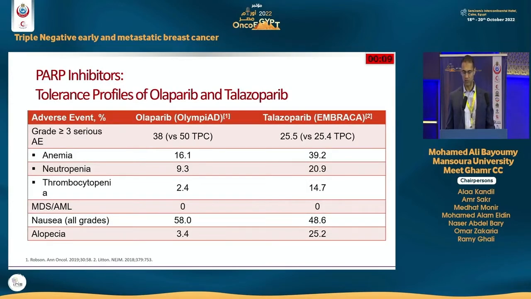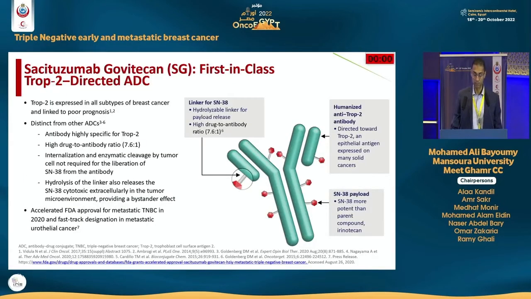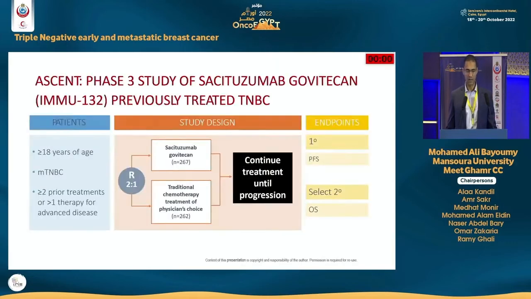I know we still have some increased toxicity versus the chemo arm, like anemia, neutropenia, alopecia, and nausea.